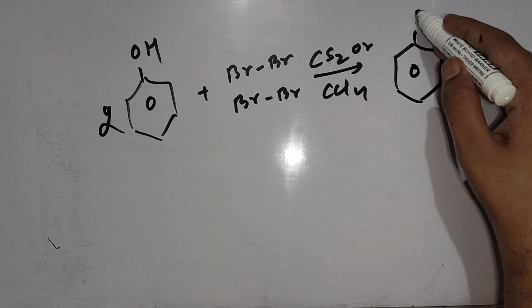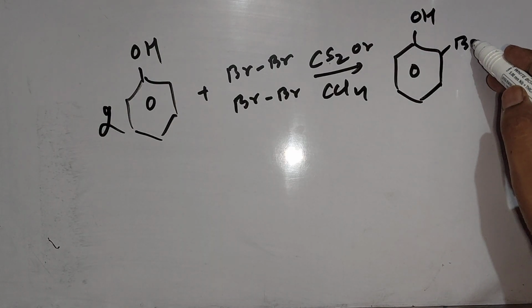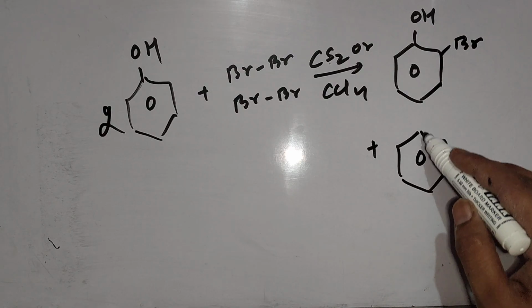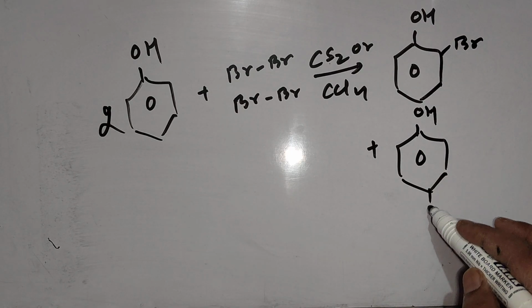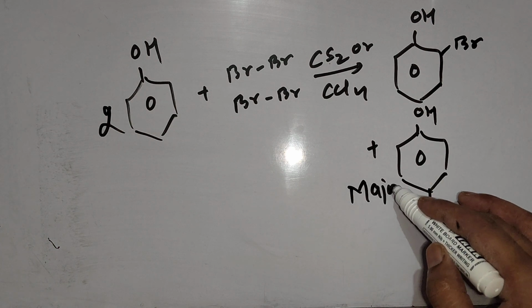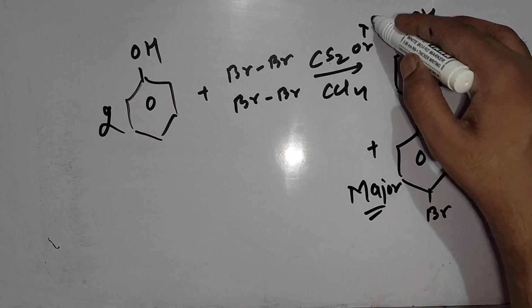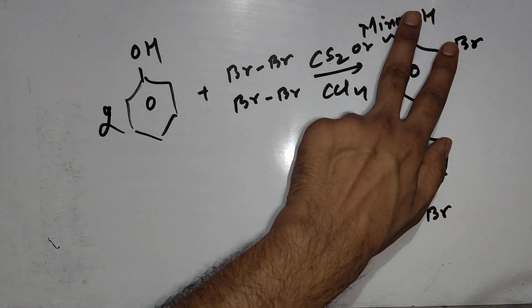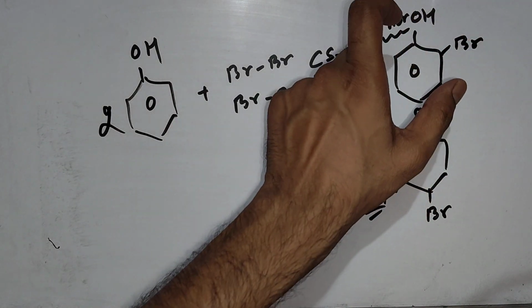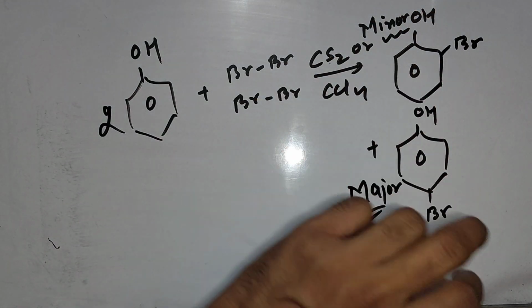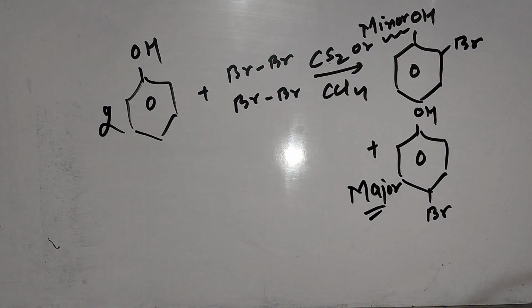One phenol will turn to orthobromophenol, and one I am turning to parabromophenol. Para will be major, ortho will be minor. Reason already discussed. Because two groups are very close, steric hindrance is there, instability will be there in the molecule. And here two groups are far away, no repulsion, no steric hindrance, the molecule is stable. That's why it is the major product.